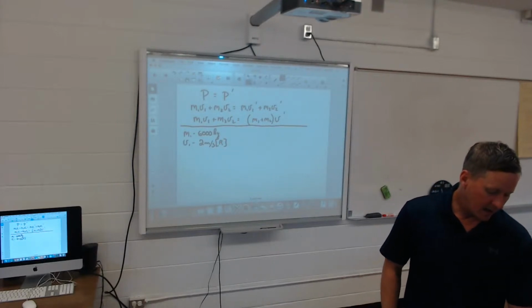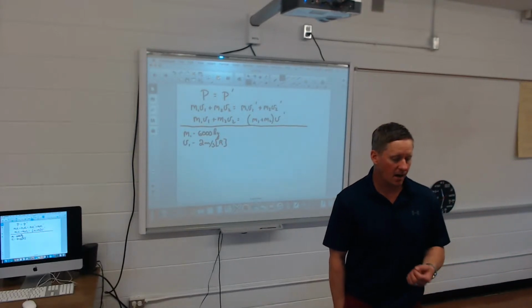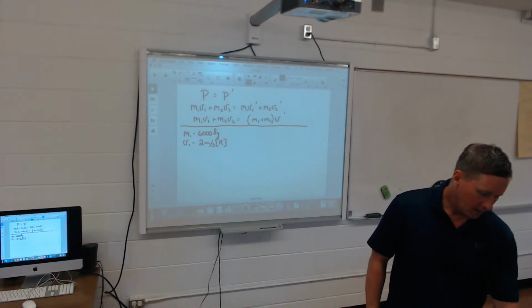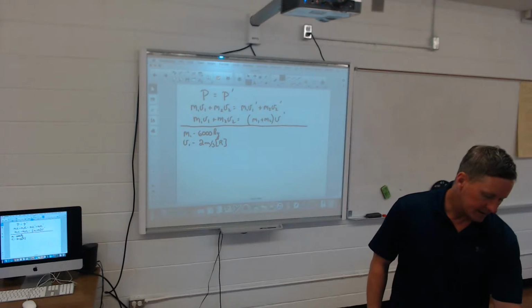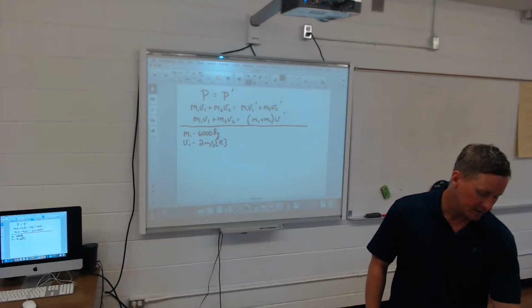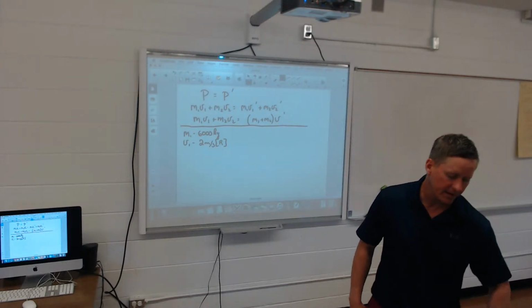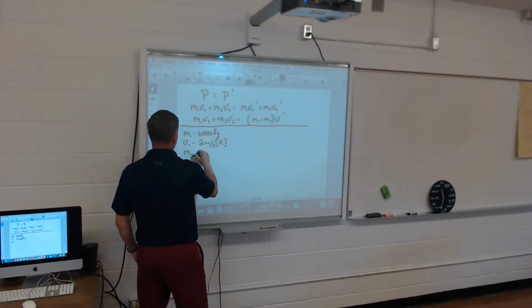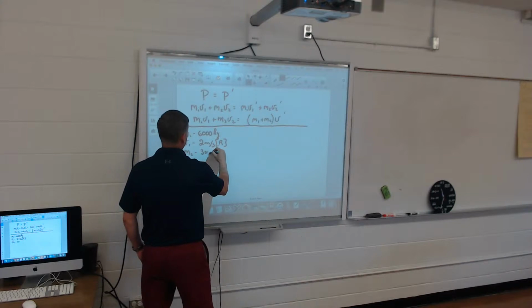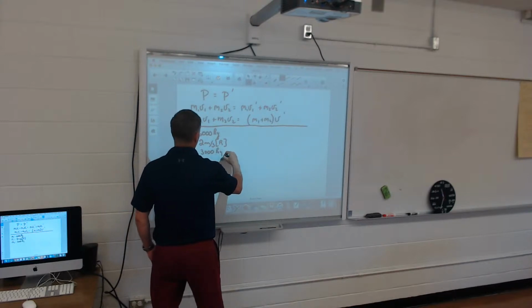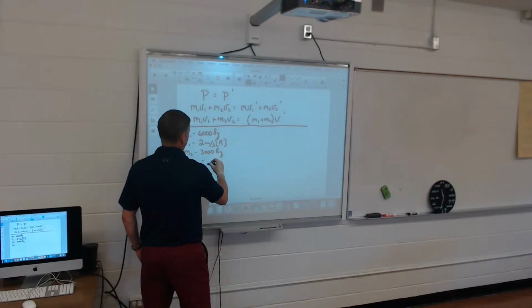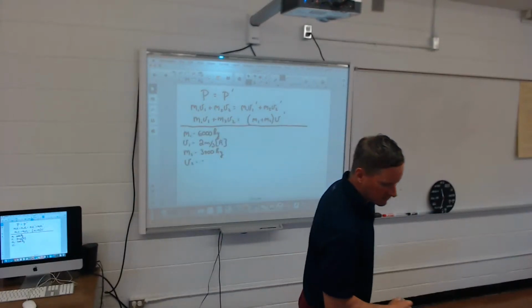It collides and couples with. So the moment it says couples with, it means it joins together. Couples with a car mass 3,000 kilograms rolling to the left on the same track at 3 meters per second. Okay, so M2, 3,000. V2 is minus 3 meters per second.